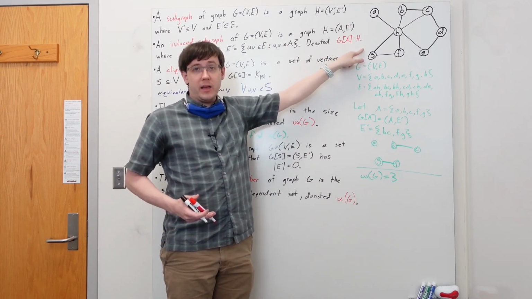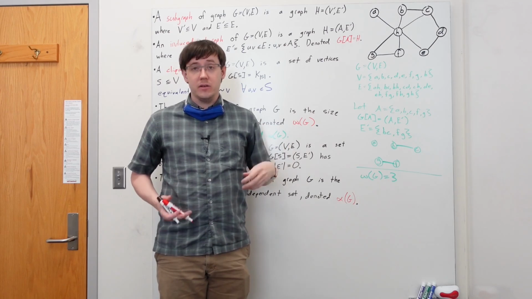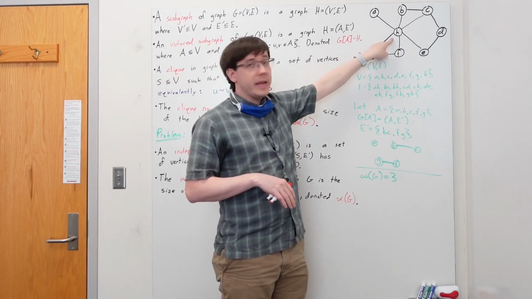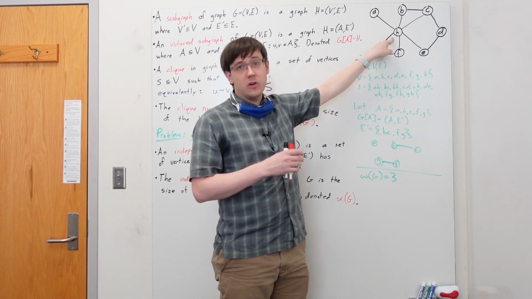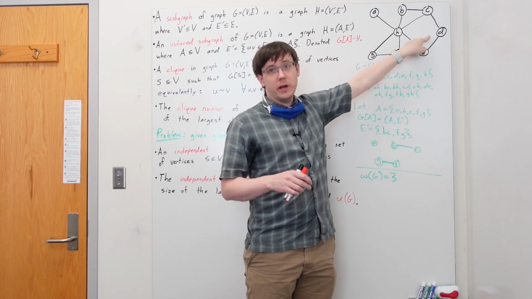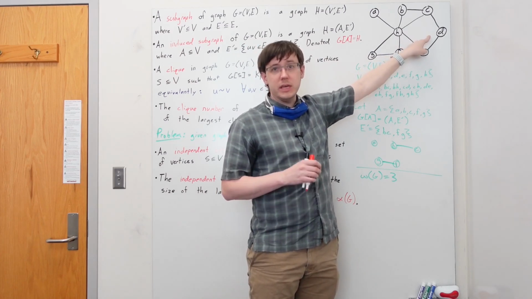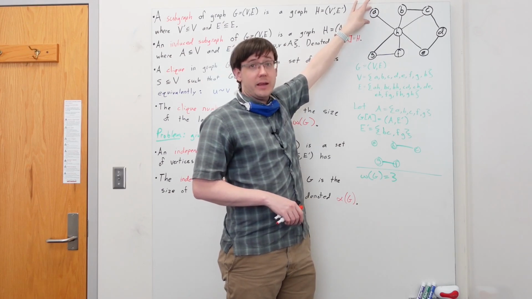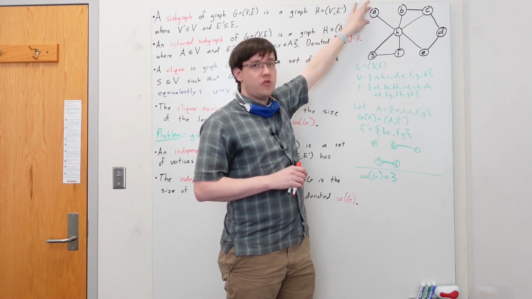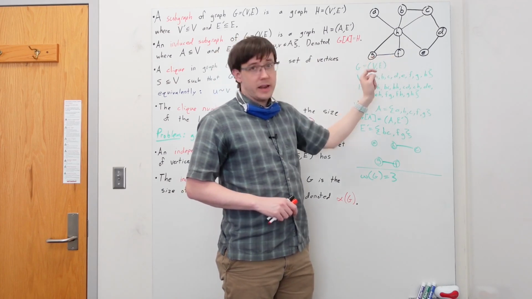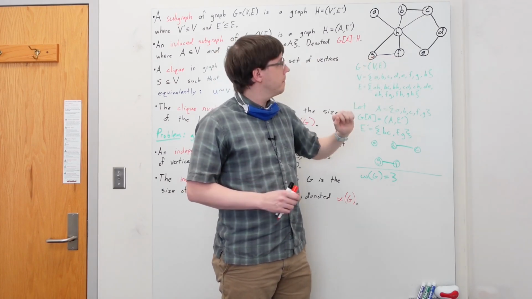And so we should ask, is there an independent set of size larger than 4? By inspection, clearly H can't be in a large independent set, because if we include H, the only other vertex we could include is D. And if we're excluding H, then we can always include A, because it's only adjacent to H. And we can always include one of G and F, but not the other.